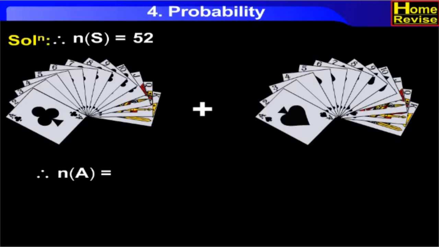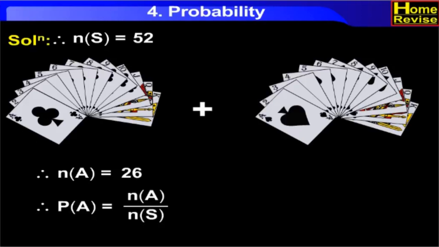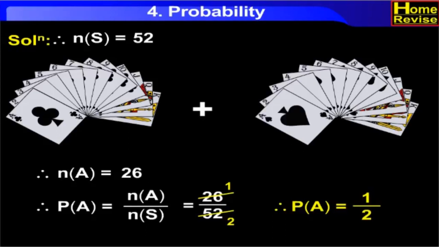Therefore, n of A is equal to 26. Therefore, probability of A is equal to n of A upon n of S, which is equal to 26 upon 52. 26 ones are 26, 26 twos are 52. Therefore, probability of A is equal to 1 upon 2.